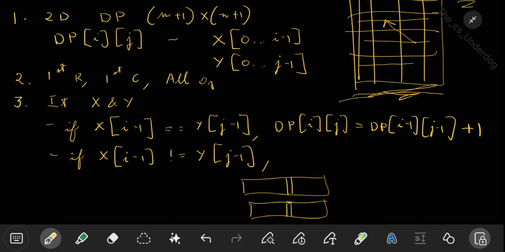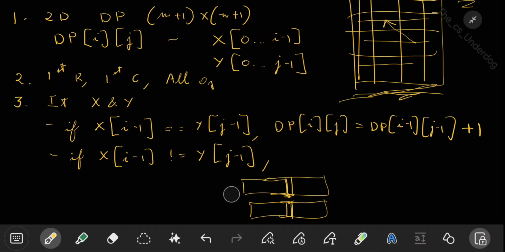What did we do there? We considered the previous result of one string and of the other string. That is, for one string, you won't consider this letter, you will consider the remaining. And for the other string, you will consider this letter as well. The same you will do for the other string, vice versa. And then you will see whichever is the maximum. This is the logic we use for longest common subsequence.